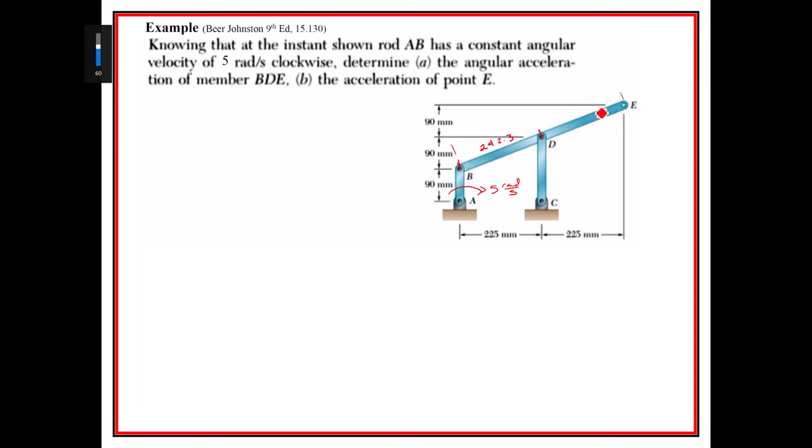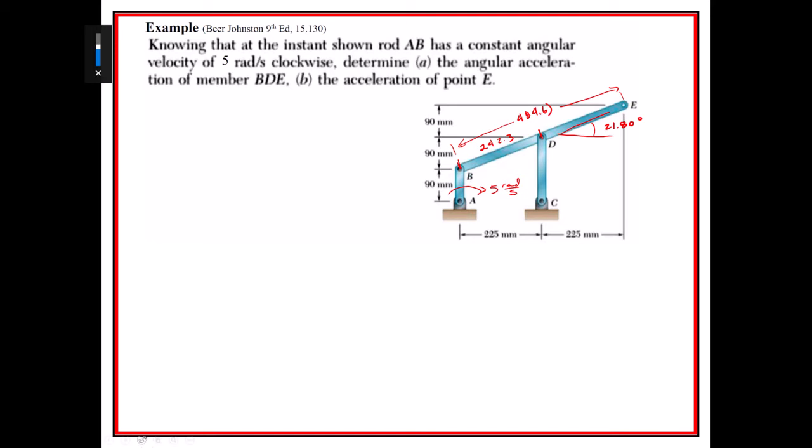It's going to be the same up to here, so this total length when we add them together is 484.6. If we take the inverse tangent of 90 over 225, we get an angle of 21.80 degrees, and we're going to need that.